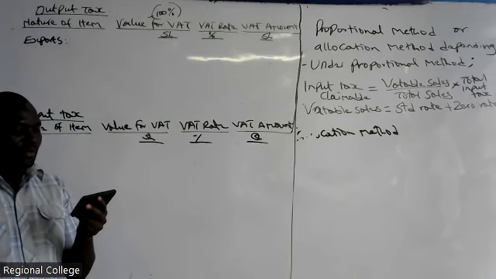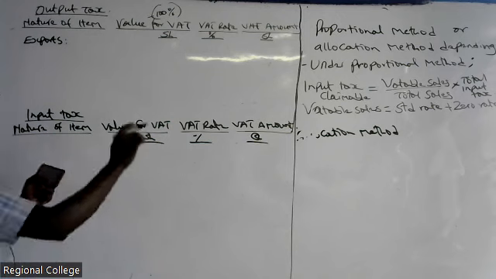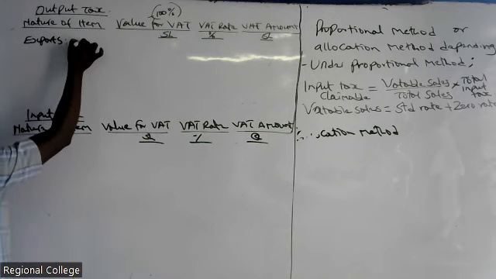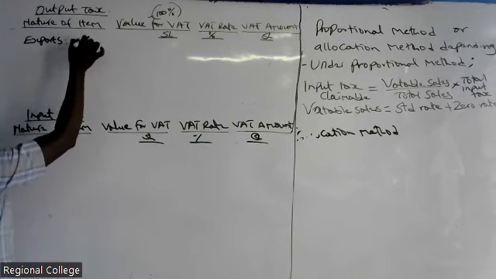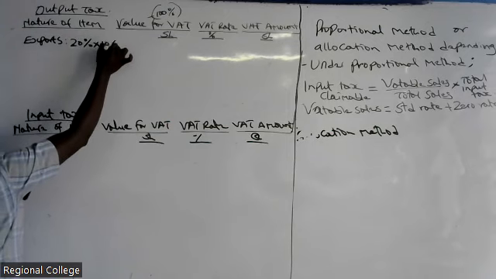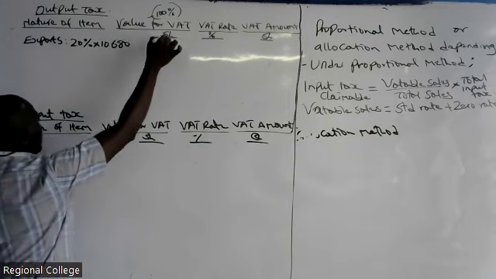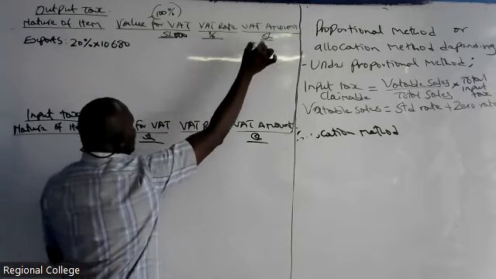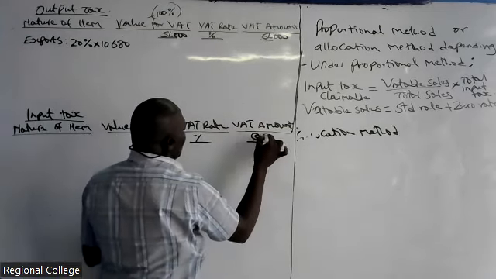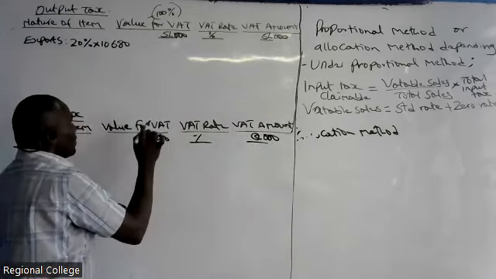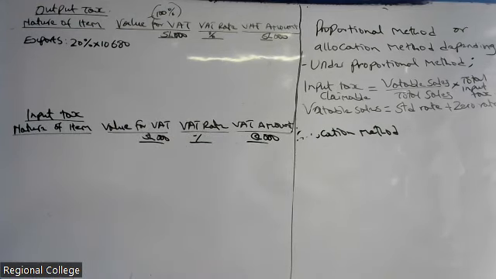Exports, 20% of 10,680. The figures are in thousands, so let's put them in thousands. So how much is 20% of 10,680?